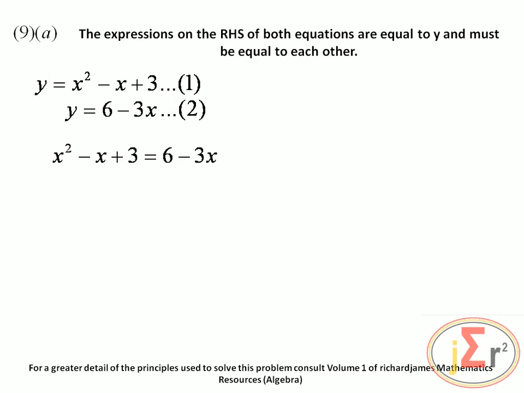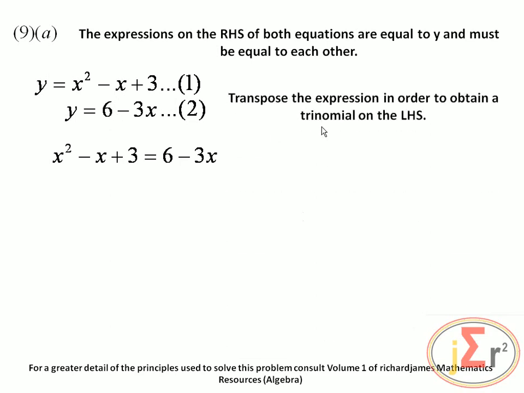We may convert this into a trinomial, then solve the quadratic equation. Negative x plus 3x is positive 2x. Then we have a positive 3 and we have a 6. 3 minus 6 is negative 3.